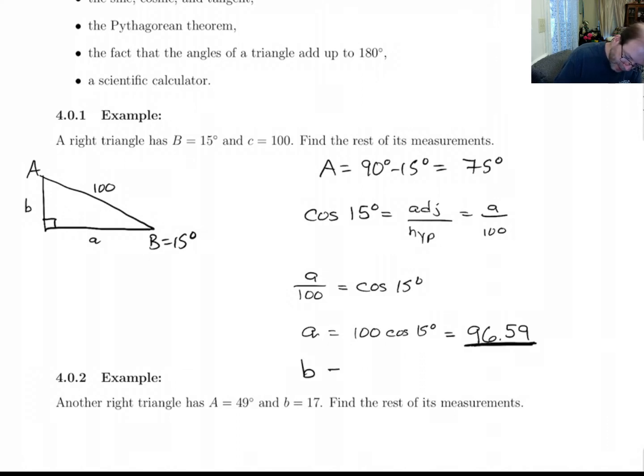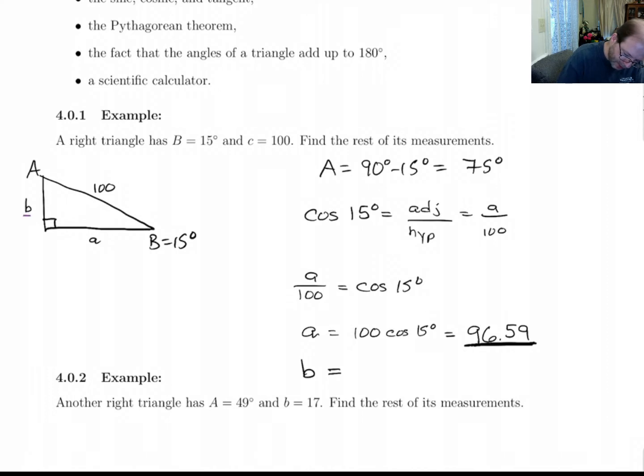And now what's left? I've got to find B. Now I've got a couple of options for B. I could use the Pythagorean theorem since we already know the other two sides. The other thing I could do is I could use, instead of cosine, I could use sine. Let's do that.